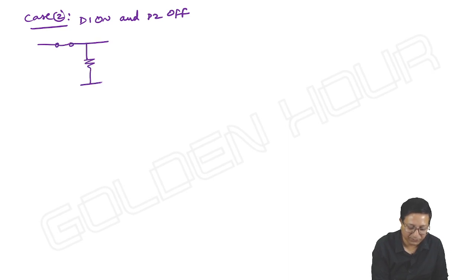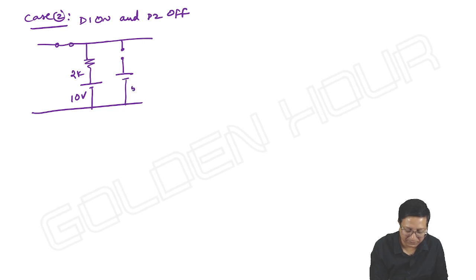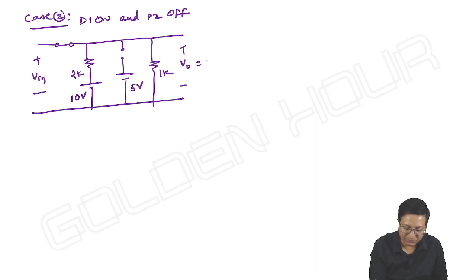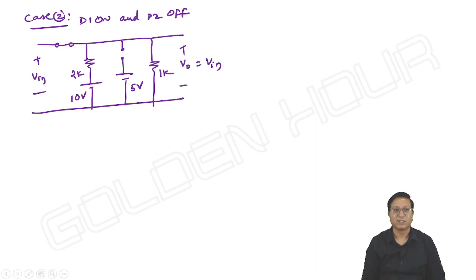So the equivalent circuit is: 10 volts, 2K, 5 volts, and 1 kilo ohm, with input and output. What is the output, friends? The output is the input.